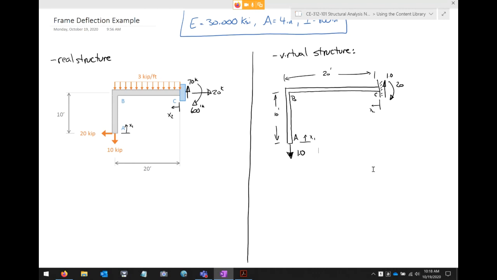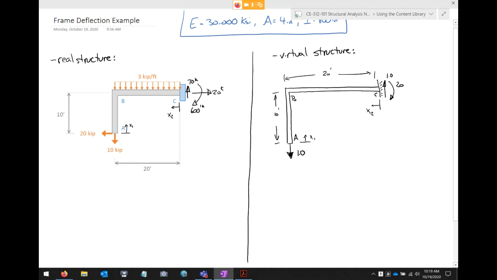So, for example, if you say tension is positive, then tension needs to be positive for both the real structure and the virtual structure. If you assume counterclockwise moments are positive, then you need to assume the same thing for the real structure and the virtual structure. As long as you maintain that consistency, you're not going to have a problem. Did that answer the question? I don't want to gloss over it.